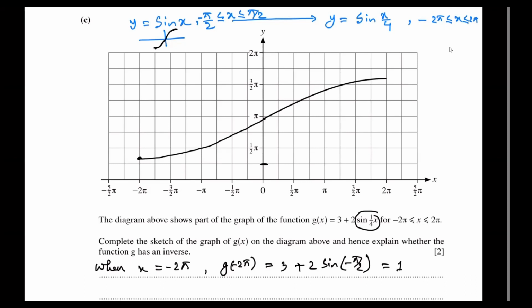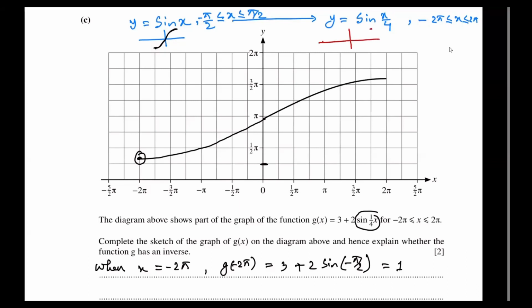we know that the point of y equals sine x is the minimum point, because this one is this one. Okay, because from sine x, if you stretch it along the x-axis by scale factor 4, you get the graph of y equals sine x by 4.